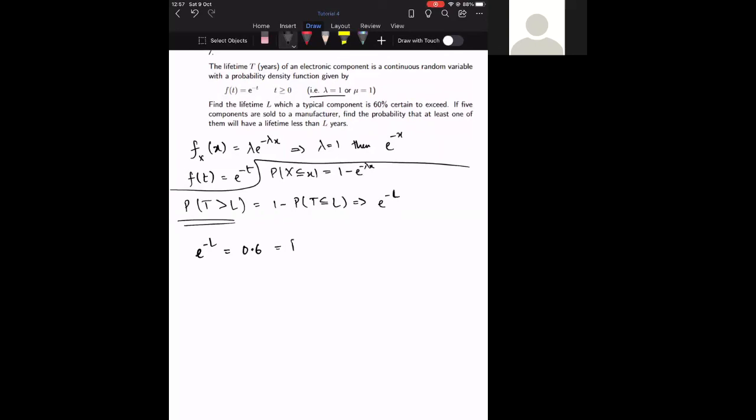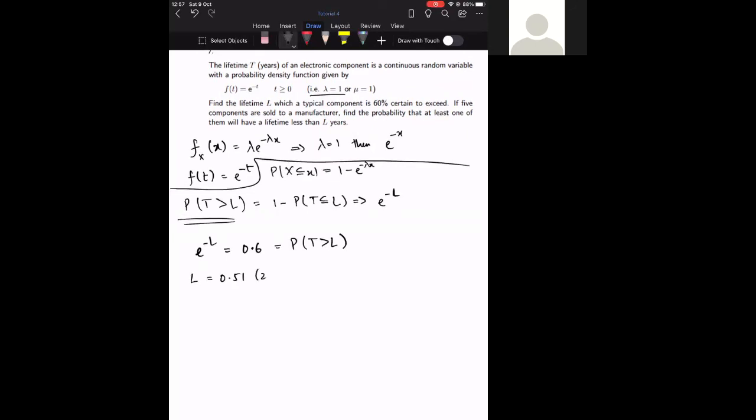We're just equating the probability of t greater than L. So the certainty is 60% that the lifetime will exceed some L that we want to find. Through this expression, we take log on both sides, and we find L to be 0.51, approximate to two decimal places. This is in years. So L is 0.51 years.